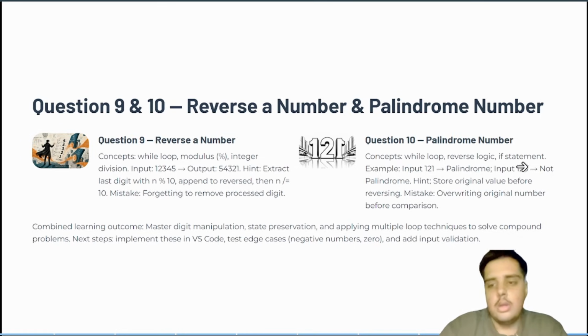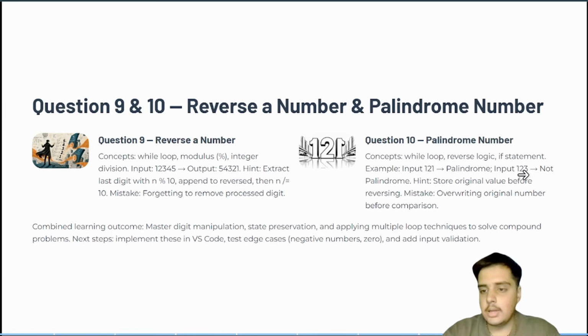So for example, if input is 121, it gives palindrome, and if input is 123, it gives not palindrome. The thing is that a palindrome number is the number which looks the same if we look from front or if we look from back. So 121 is the same.